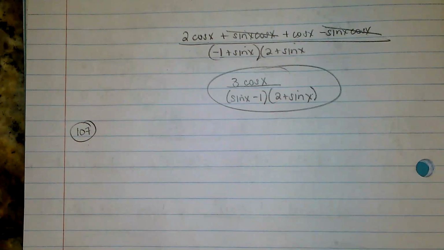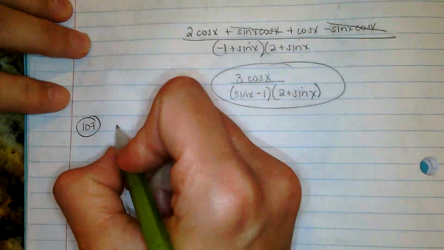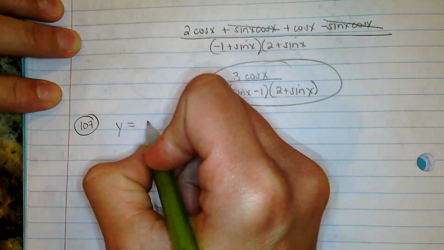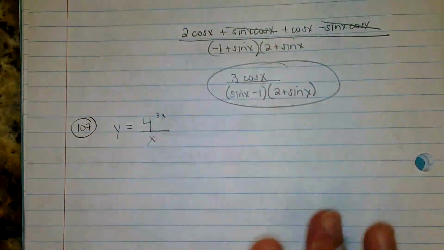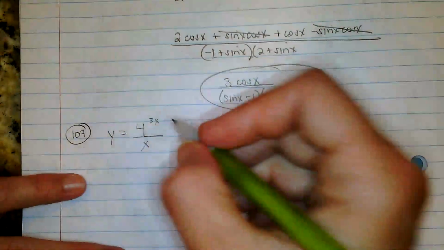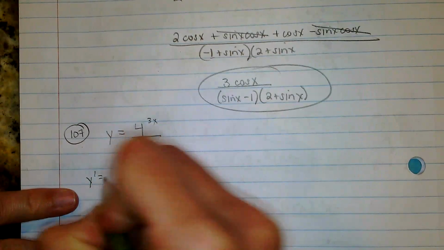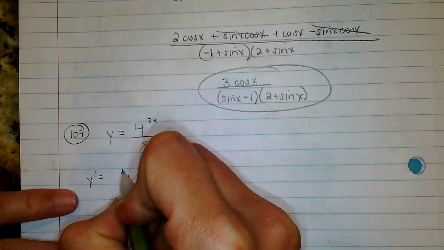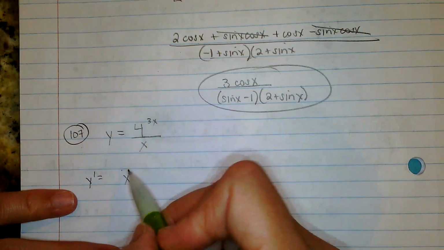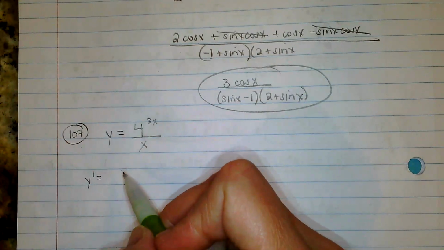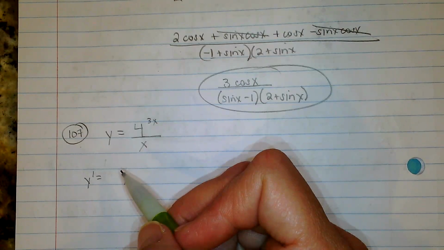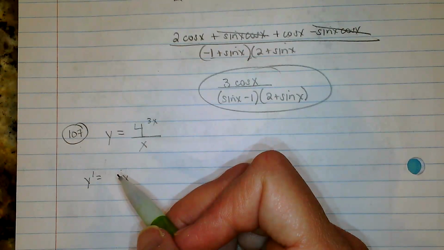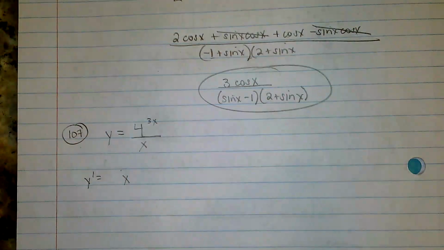All right, so they want to know in 107, describe and correct the error. So I'm just going to find my own derivative. I'm going to open up with a quotient rule. So bottom times the derivative of the top.